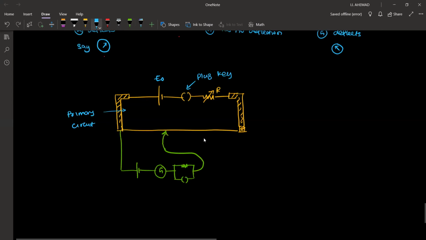And we call this circuit a secondary circuit. In meter bridge, we only had one circuit. Here we have two circuits. That's special about this. So this battery has EMF E, and it also has internal resistance R. Here also you might have internal resistance. That doesn't matter much. And here is a higher resistance.